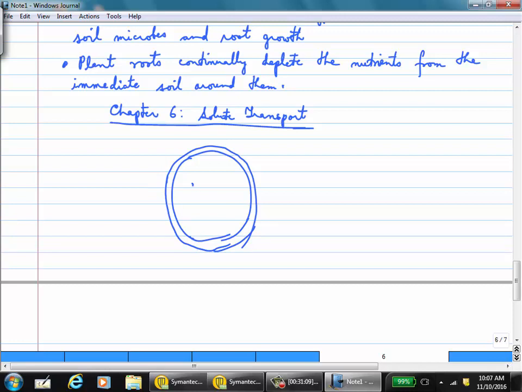Anything that pertains to stuff inside, I will denote by the superscript I. Anything that is outside, I will denote by the superscript O, right? And for the sake of simplicity, we are focusing on one single solute. Let's call that solute J.